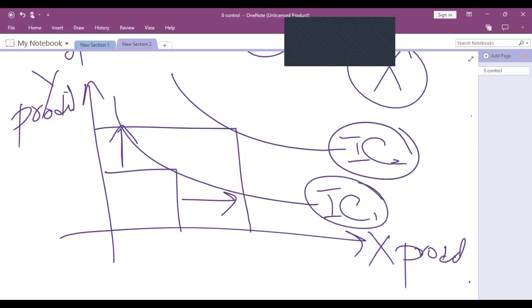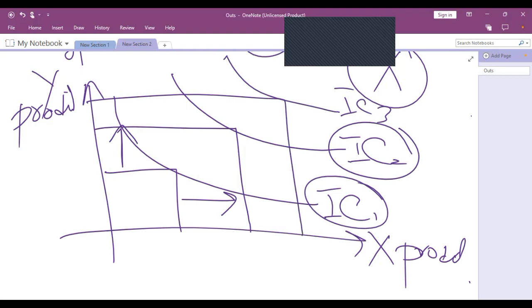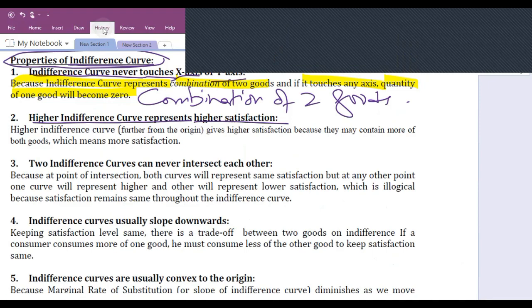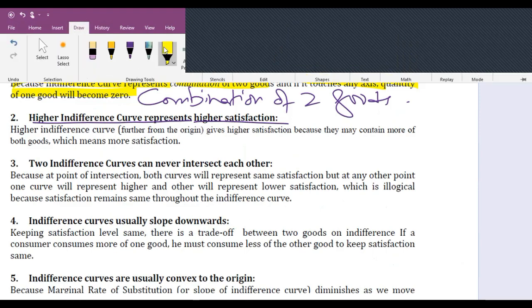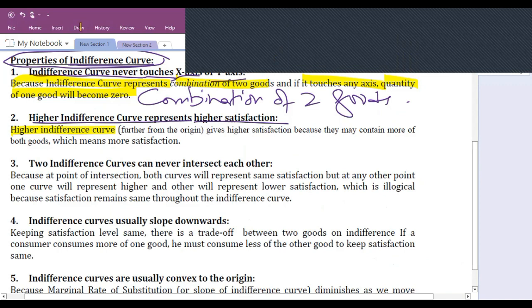And if another IC curve, let's say IC3, is drawn, then IC3 gives a higher level of satisfaction as compared to both previous ICs, that is IC1 and IC2. Let's see the same from the notes. A higher indifference curve gives a higher level of satisfaction because it may contain more units of both goods.